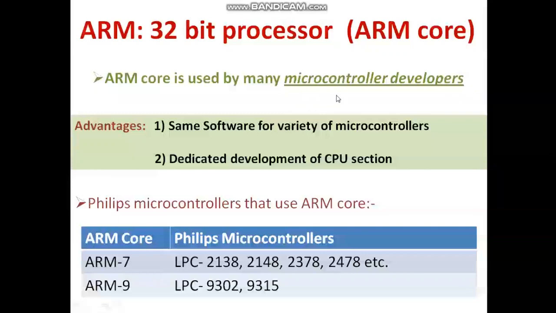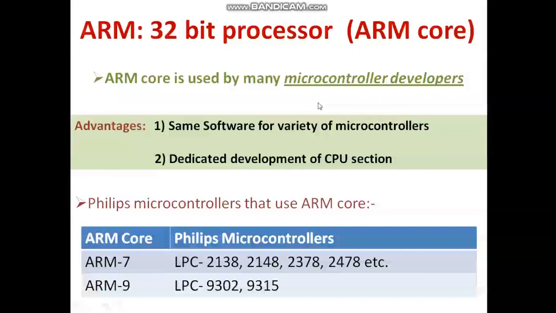Different companies which develop their own microcontrollers use this processor as their CPU so that they can add some additional functional blocks as per their requirement, like memory section, IO sections, serial control section, etc., to make the microcontroller suitable for the required application.